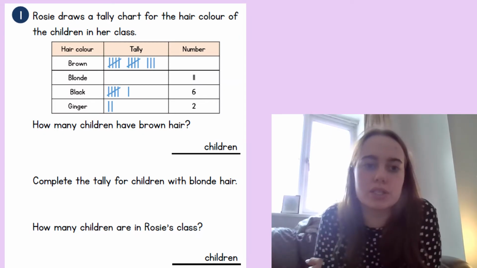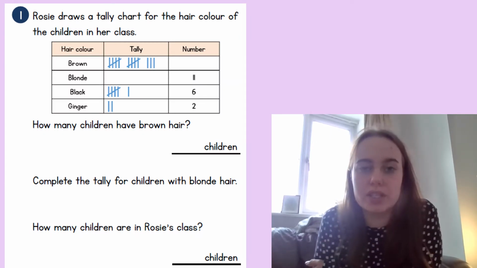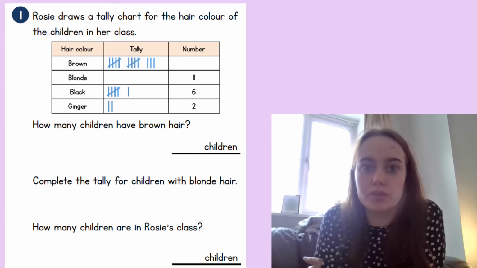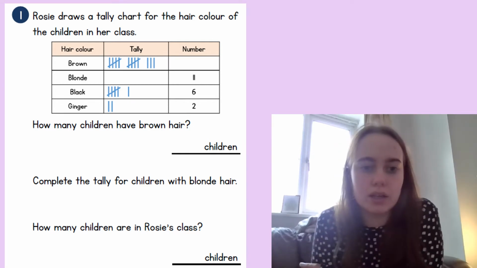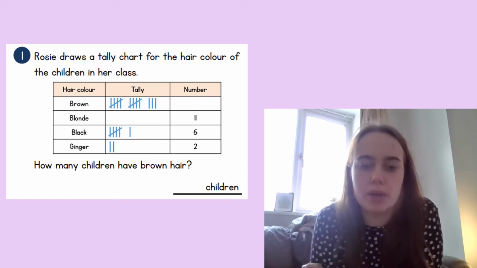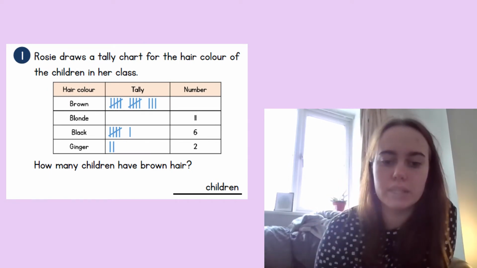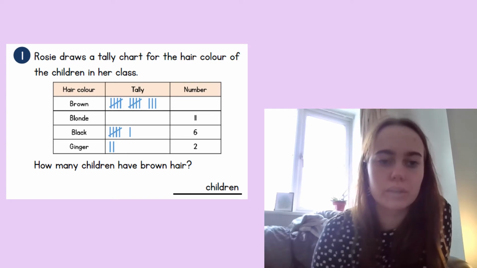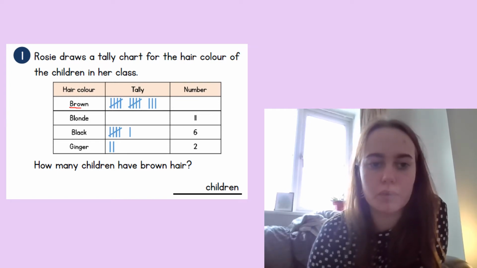So the first question looks at a tally chart for the different colours of hair of the children in a class. The first question is, how many children have brown hair? So on the tally we need to have a look at the children with brown hair.